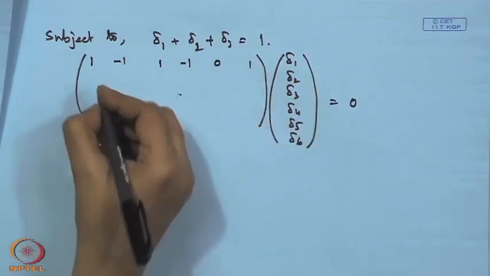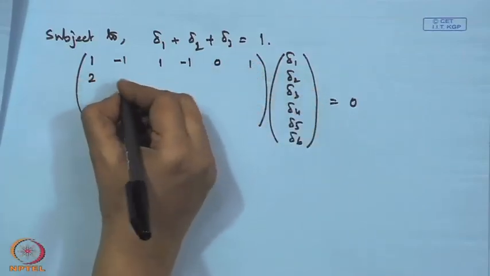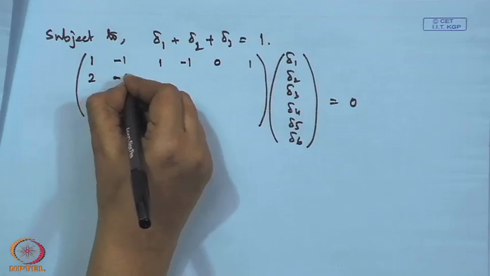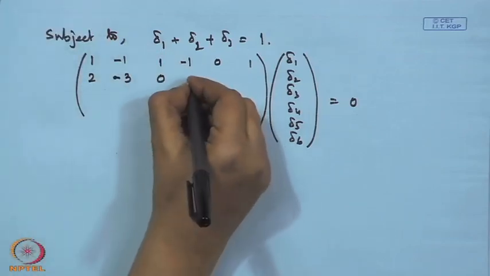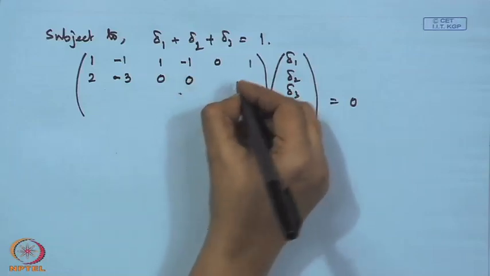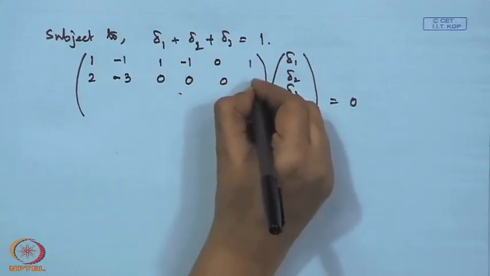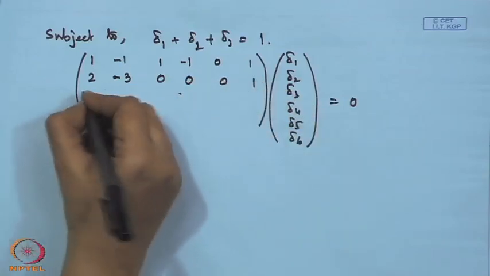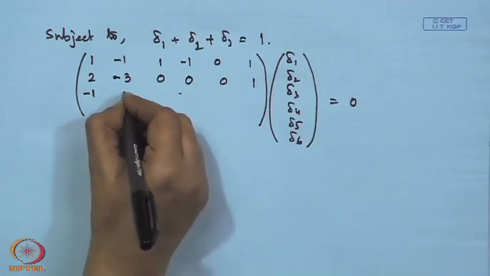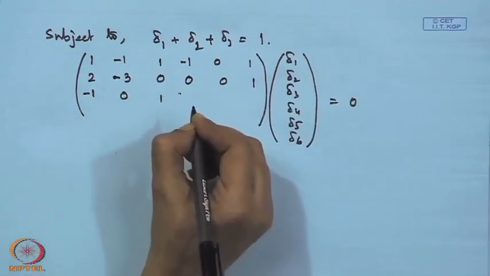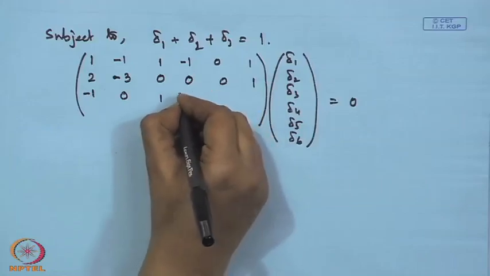For x2, 2, minus 3, 0, 0, 0, 1. For x3 this is minus 1, 0, 1, minus 1.